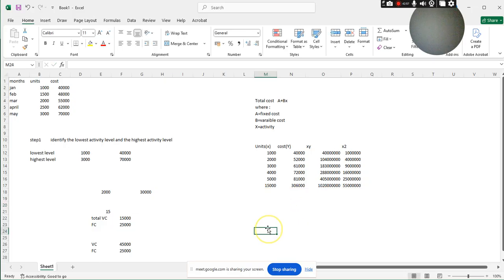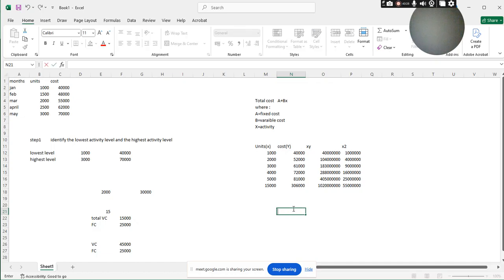Right? So first of all, let's do, you know, Excel is funny sometimes. First of all, let's do this.